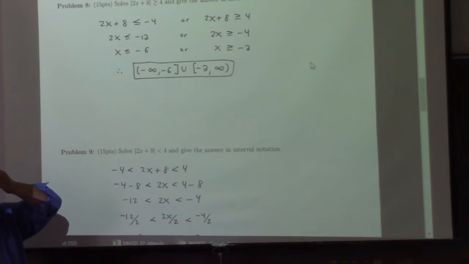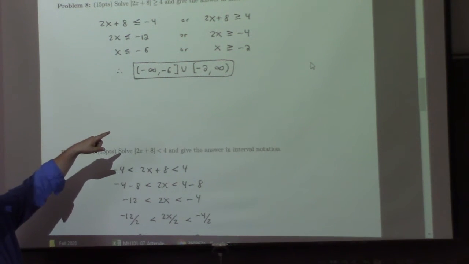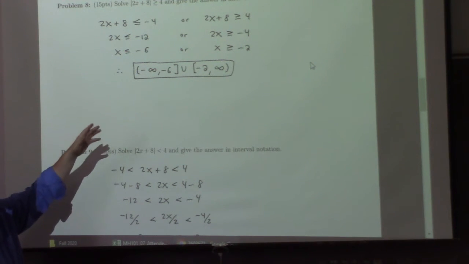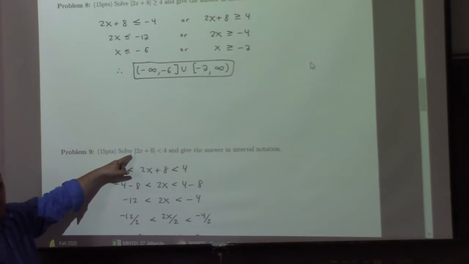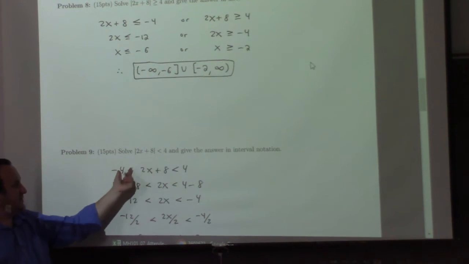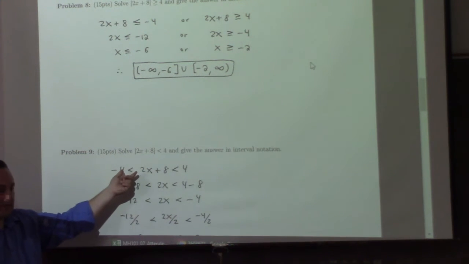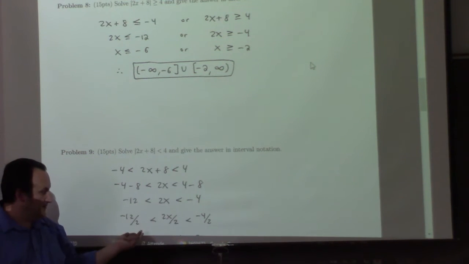Those are two distinct cases. And they give you either x less than or equal to minus 6 or x greater than or equal to minus 2. So you have to take those two and union them together. That's the answer. In contrast, if we have less than 4, we just need that this quantity is between minus 4 and 4. So we can solve that problem as a compound inequality by subtracting 8 from both sides and then dividing by 2.